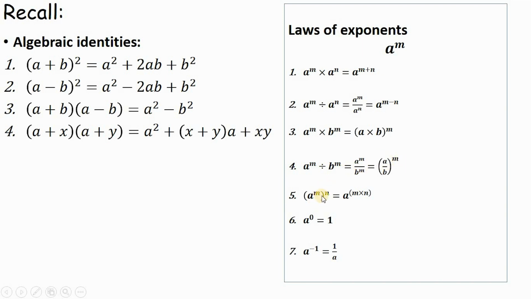When we have a power over a power, we multiply the 2 powers, and the 6th law is if any number is raised to the power 0, then the value is always 1. And the 7th one is a raised to power minus 1 is equal to 1 by a. Now these are some of the important algebraic identities and laws of exponents that will be very useful in the 4th part of the chapter.